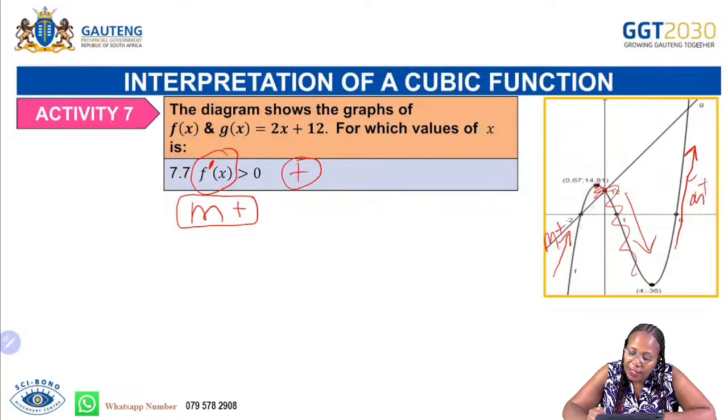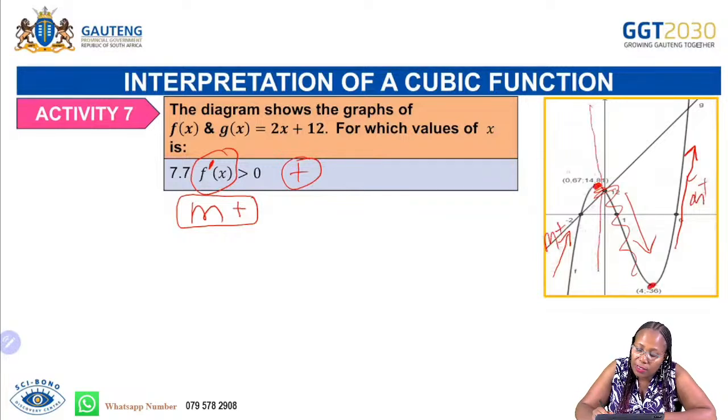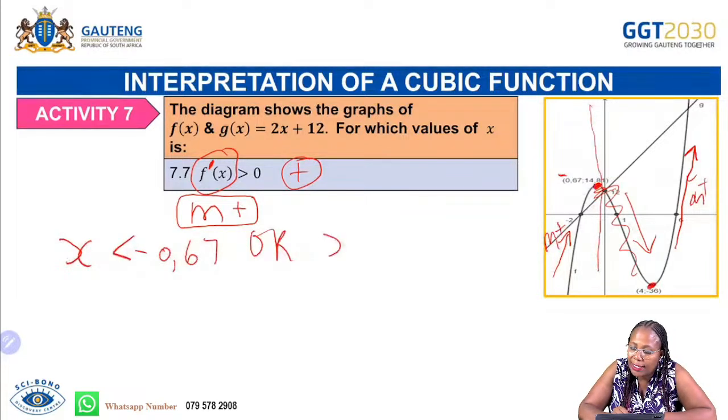Where does it start? So for the gradient, we use the stationary point to identify that. It will be from, this is negative, x is negative there. So it will be x less than minus 0.67 or x greater than 4 from here to that direction.